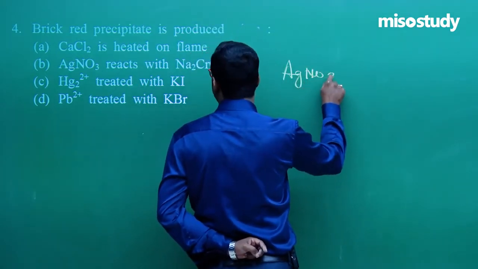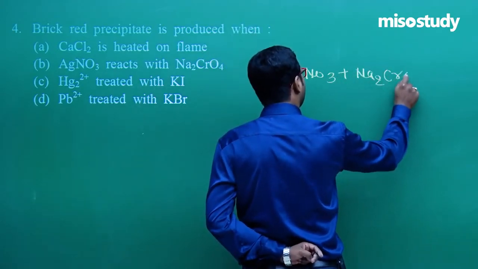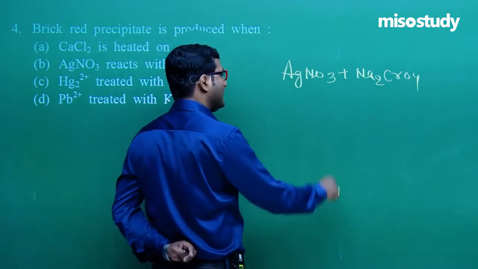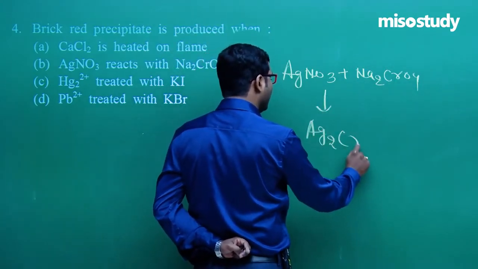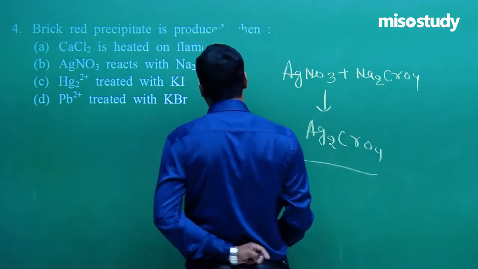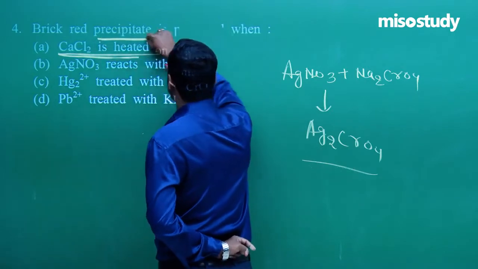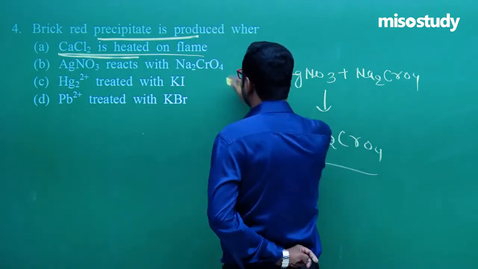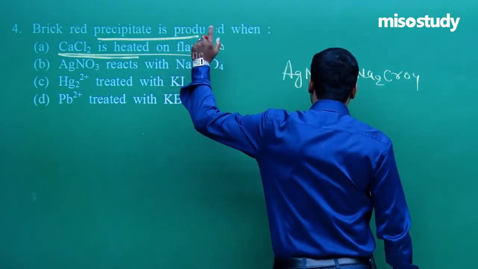AgNO3 when treated with Na2CrO4 gives Ag2CrO4. Don't get confused. This is the flame test, here we are talking about the PPT. So this one is not a correct option. It is slightly confusing, so check it out.